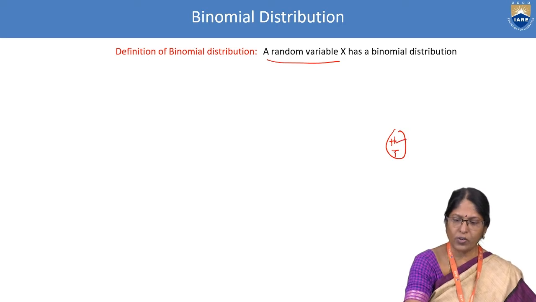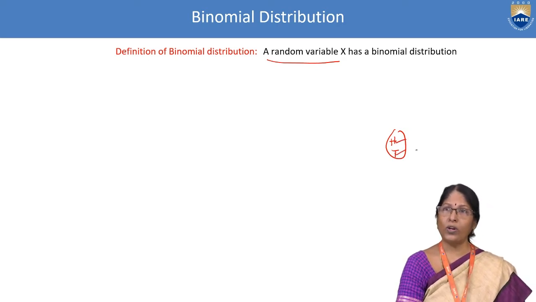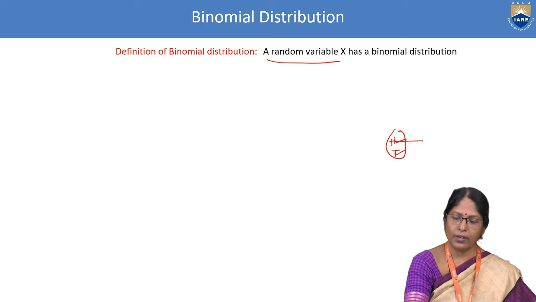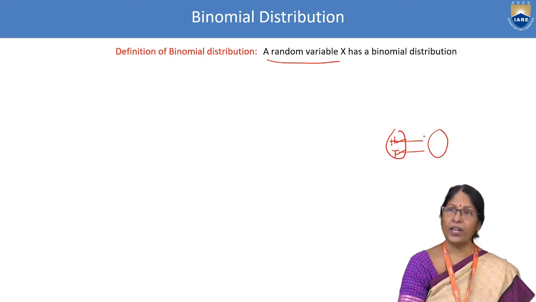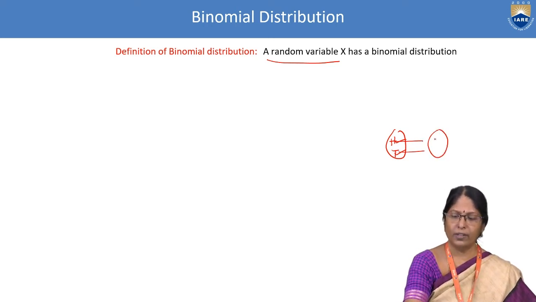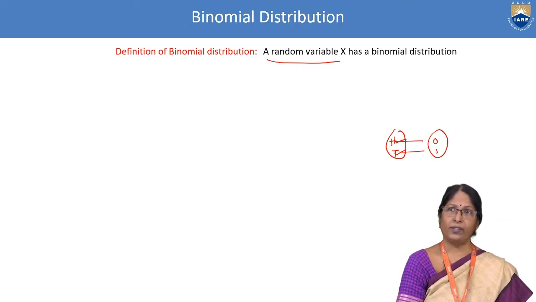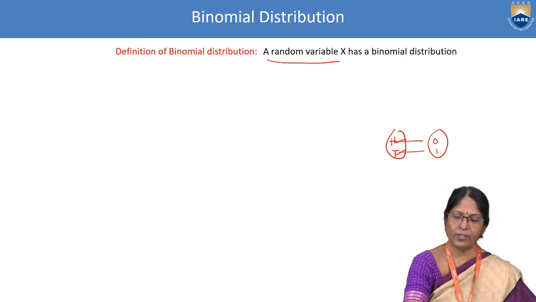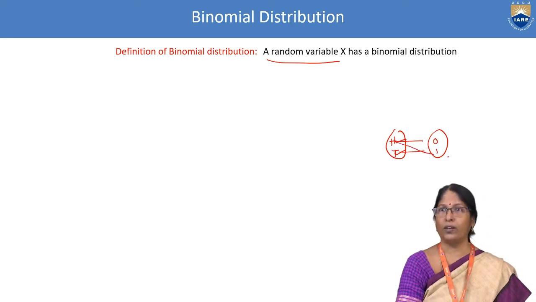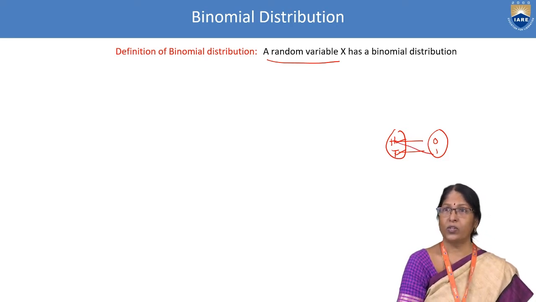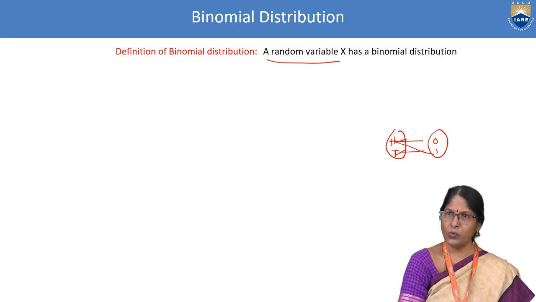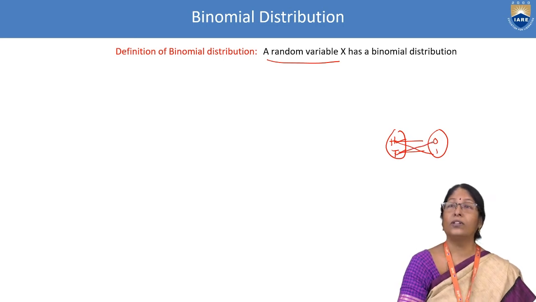Now, these outcomes, head and tail, are converted into real numbers, that is 0 and 1. My expectation is head. If I get head, it is connected to the real number 1. If I'm not getting head, that means I'm getting tail, so not getting head is connected to tail.